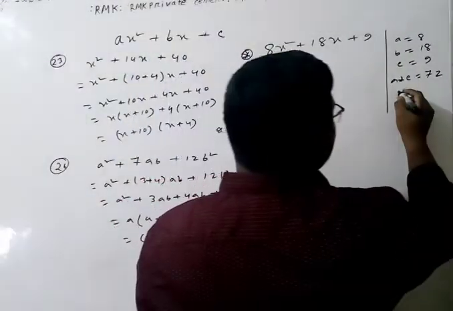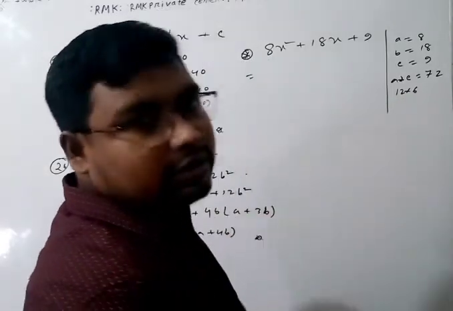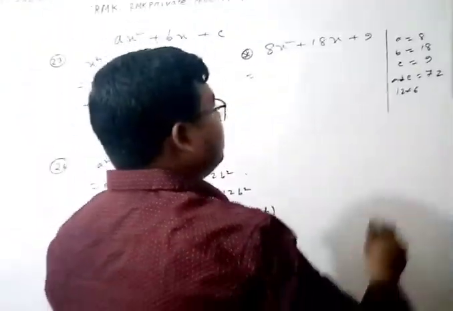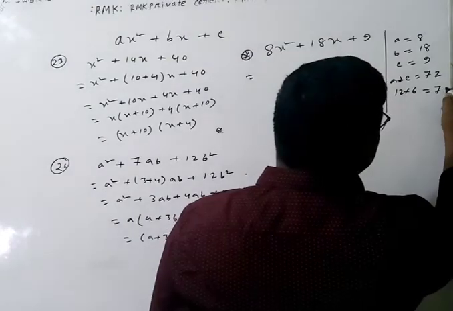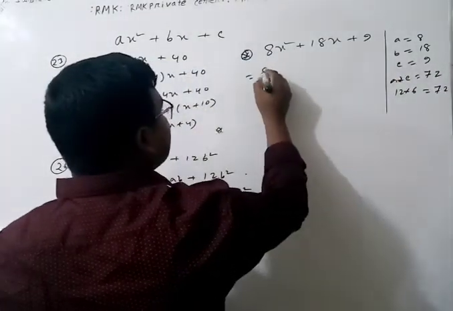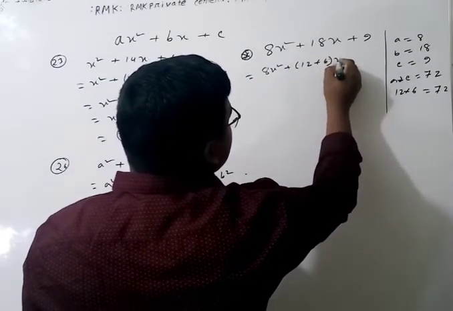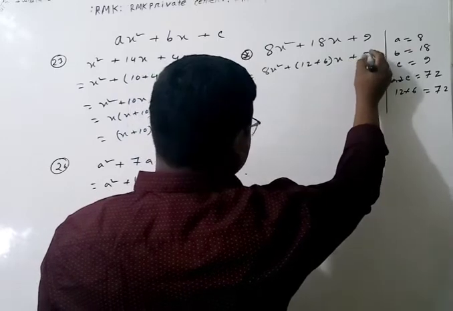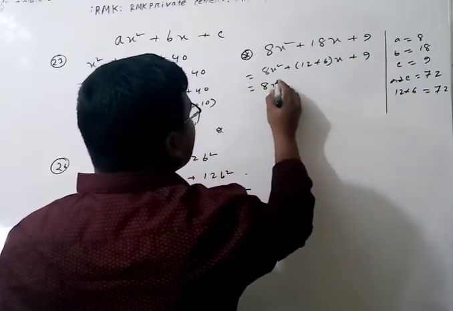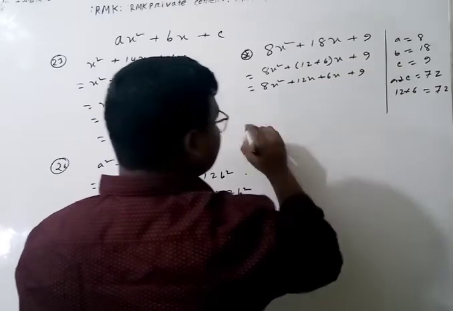Okay, my students, 12 into 6. 12 6s are 72, and 12 plus 6 is 18. Clear? So you just write 8x square plus 12x plus 6x plus 9.